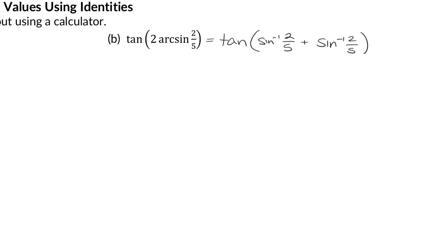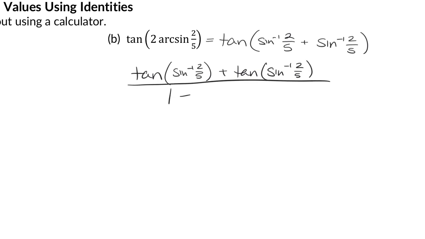That identity was the tangent of the first angle, which was sine inverse of 2 over 5, plus the tangent of the second, sine inverse of 2 over 5, divided by 1 minus the tangent of sine inverse of 2 over 5 times the tangent of sine inverse of 2 over 5.